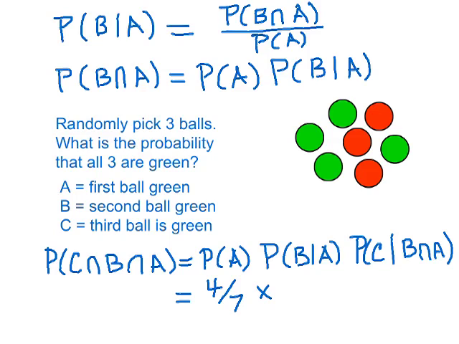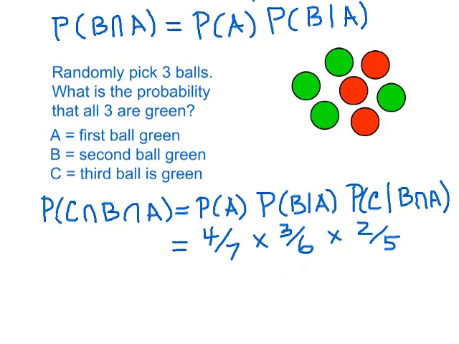And knowing the first ball is green says when we get to the second one, we still have 3 green balls out of the 6 remaining balls. And if we know both of the first 2 balls are green, then when we get to the third ball, there are 2 green balls and 3 red balls left. So that's 2 out of the 5 remaining balls are green.